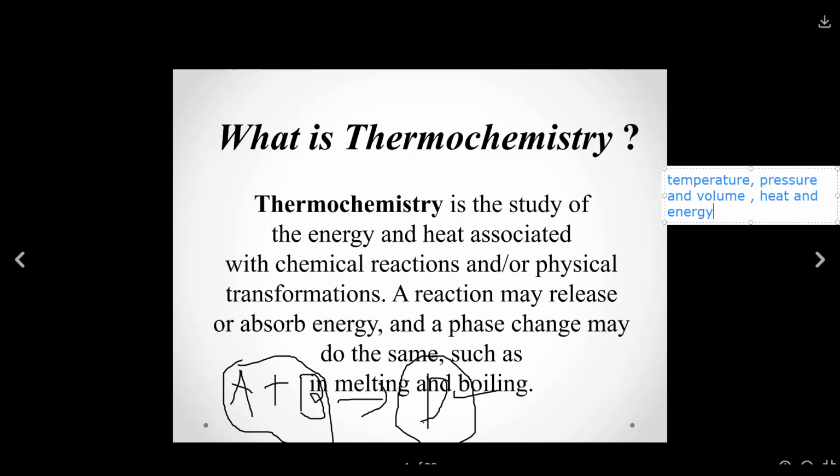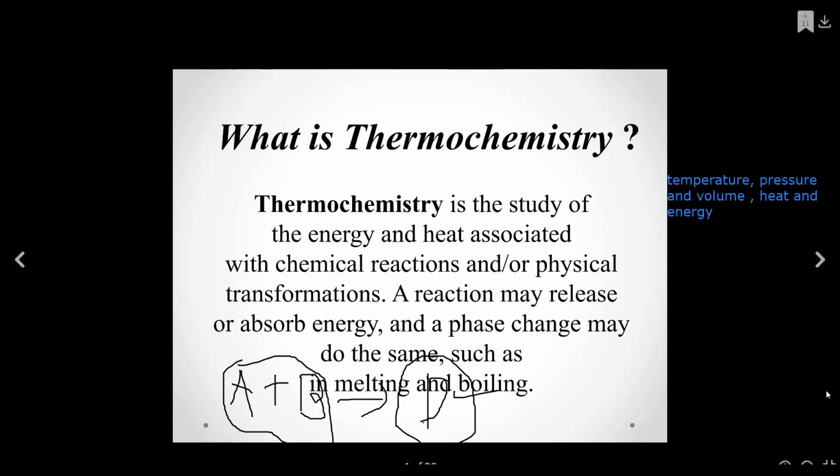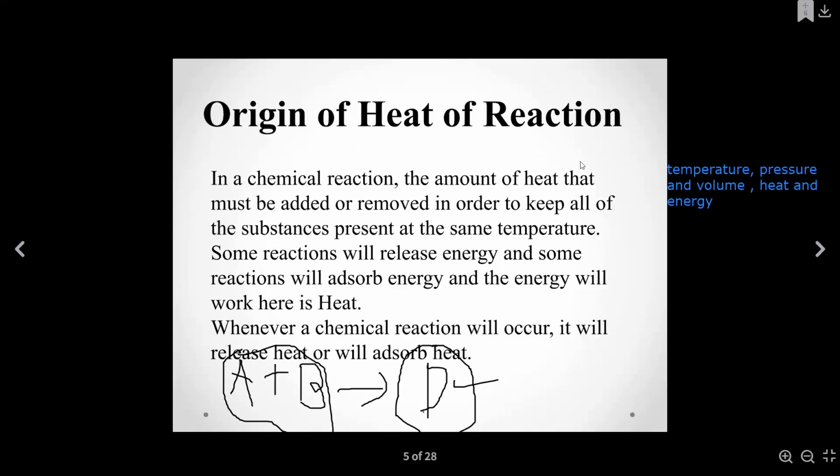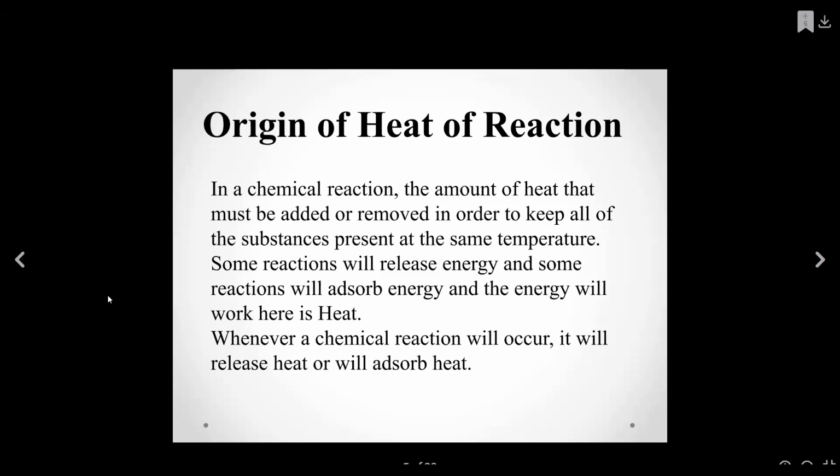And after this, we need to know that in thermochemistry, we also need to look at the origin of heat. Under this origin of heat of reactions, the heat of the reactions is usually produced in chemical reactions.